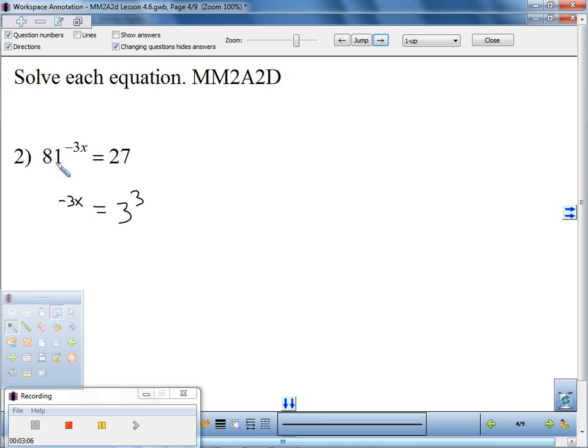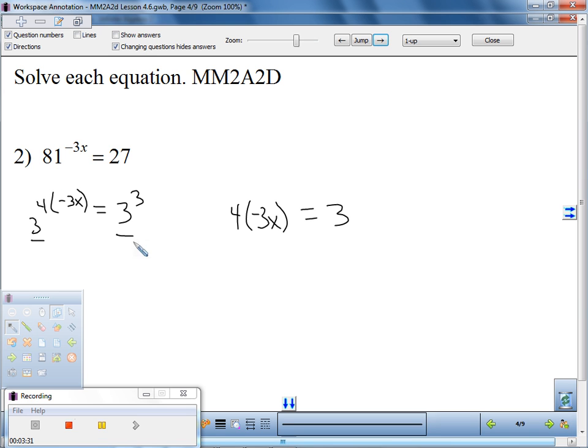Now 81 is 3 to the fourth power, which replaces the 81, and then we multiply the exponent 4 times negative 3x, which equals 3. So we're writing them in terms of the same base.